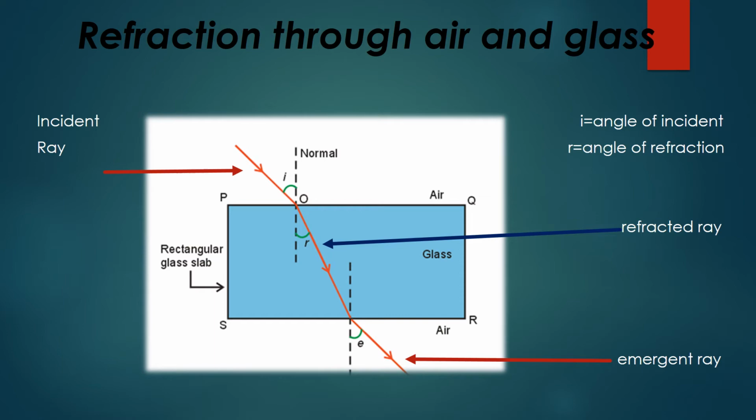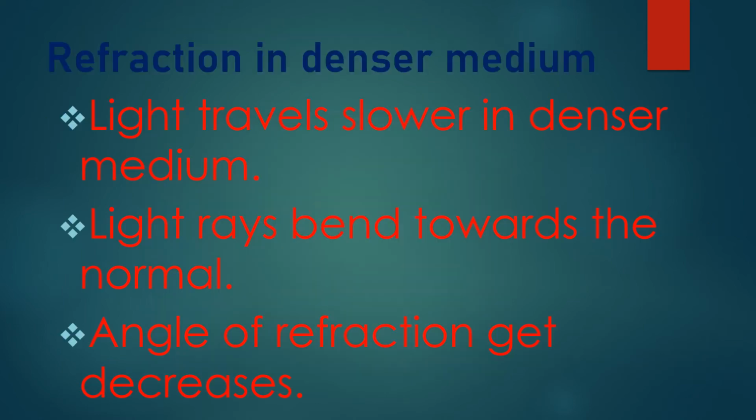My dear children, refraction does not occur if light rays pass through the normal. The light ray will simply travel straight through the glass block. So, keep it in your mind, when there is a refraction of light in a denser medium, the light travels slower in the medium.